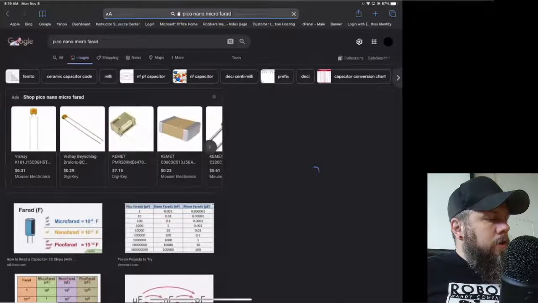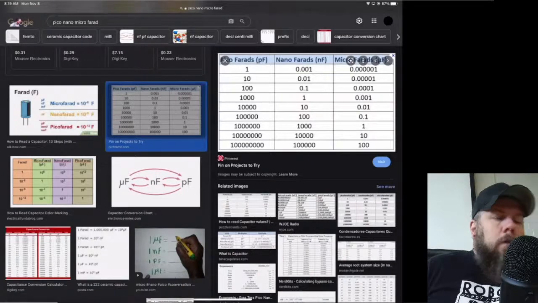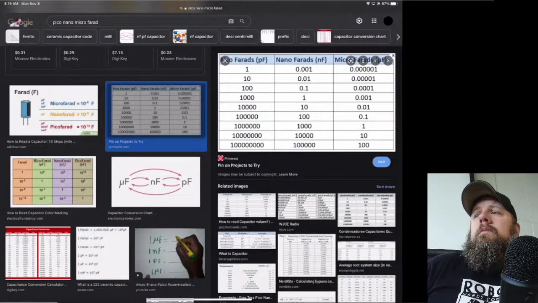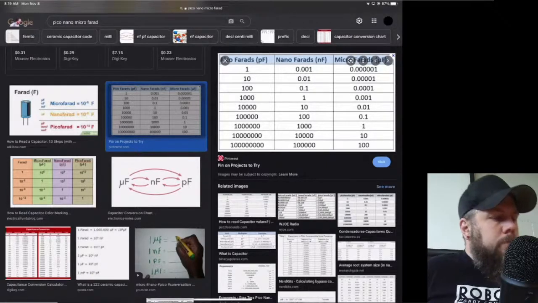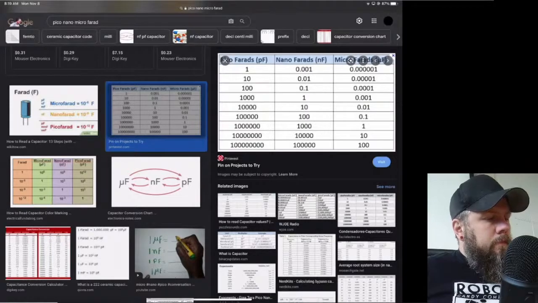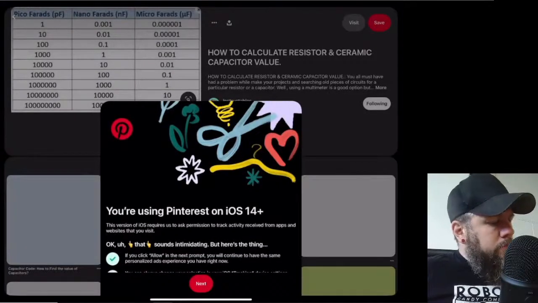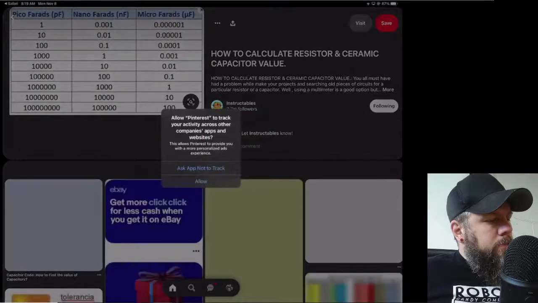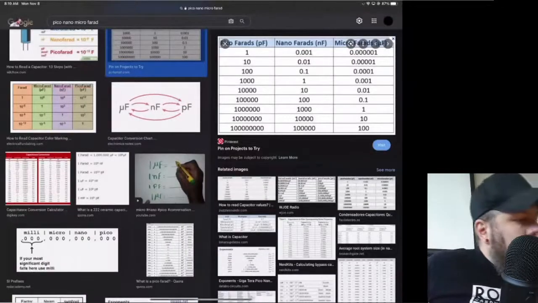Find you a good like table. Okay. Man, I don't care about you, Pinterest. No, you're not tracking me, Pinterest. I'm going to find one that's not on Pinterest. Okay, I'll show you.